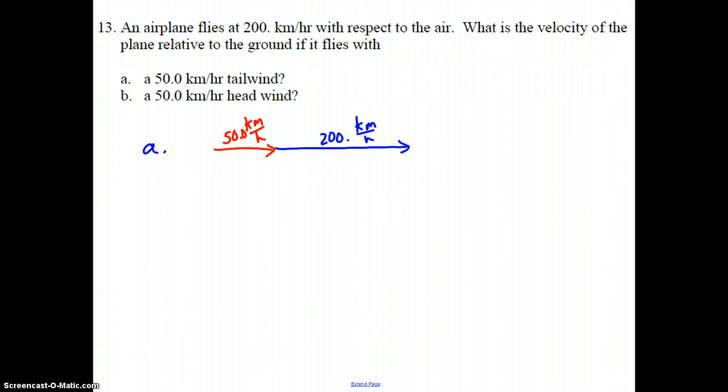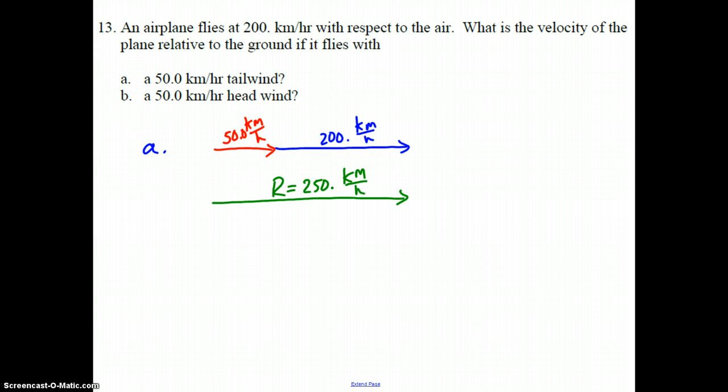Well, what would the resultant here be? As you can see, these two vectors are at 0 degrees to each other, producing a maximum value. And so the resultant speed of the plane would be 250 kilometers per hour.